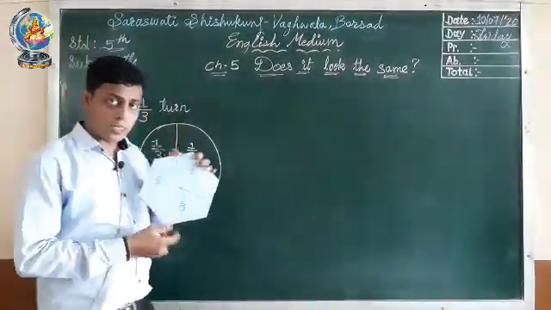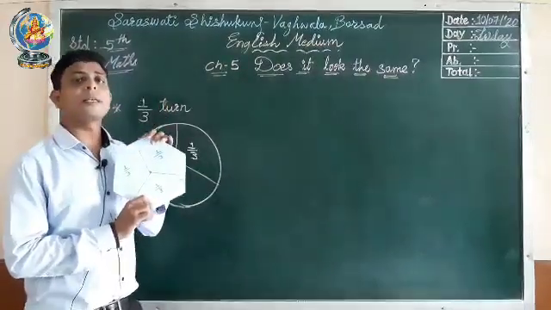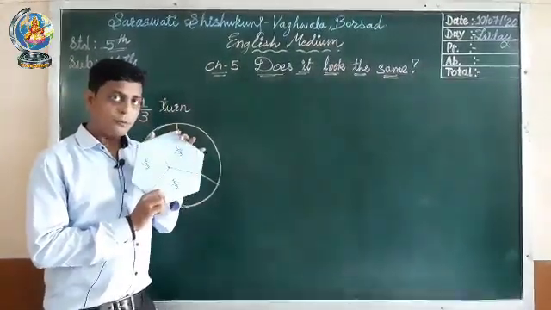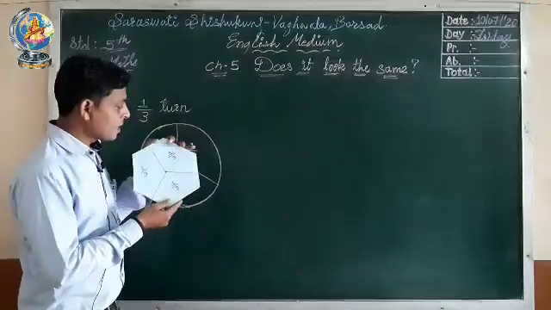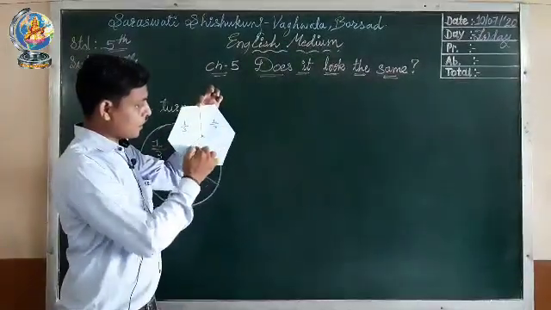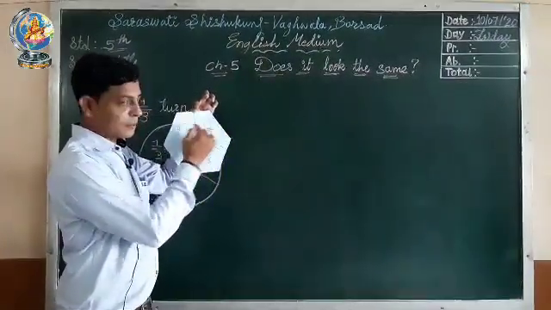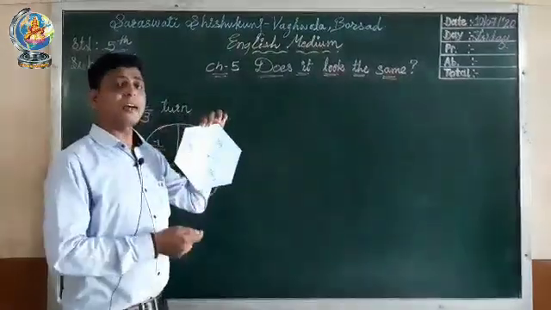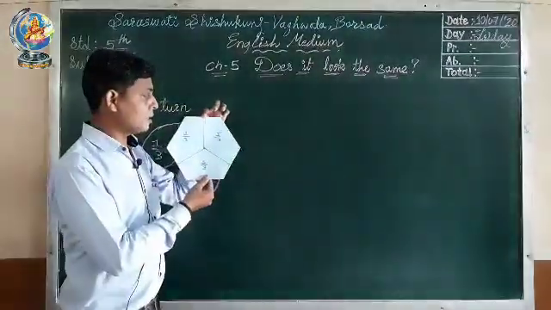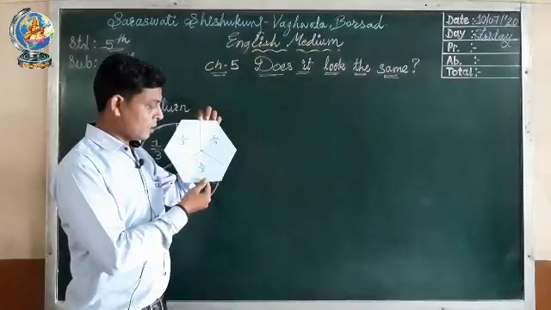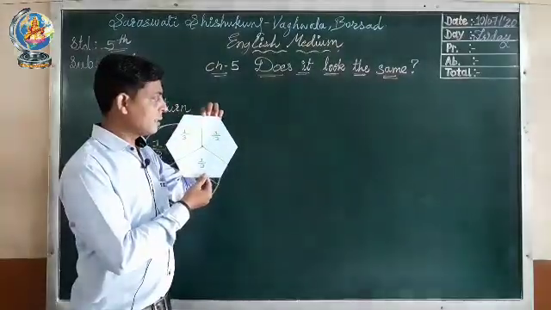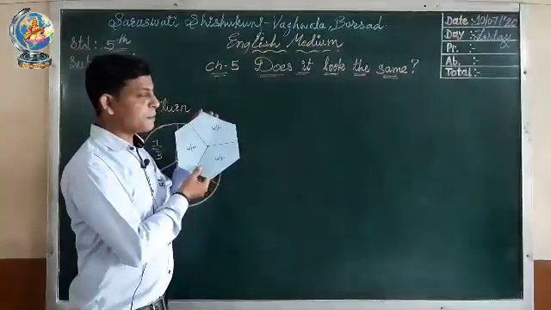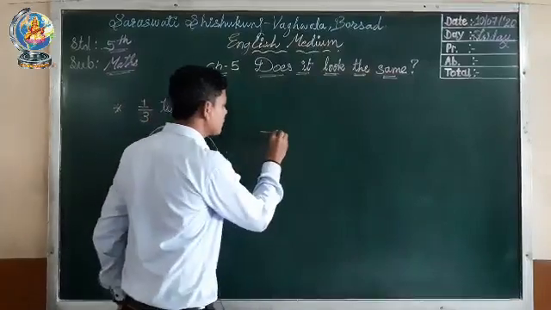If I want to rotate this shape into 1/3, how it looks, that we have to see. So let's see. If I want to rotate this figure hexagon into 1/3 part, then how it looks, let's see.